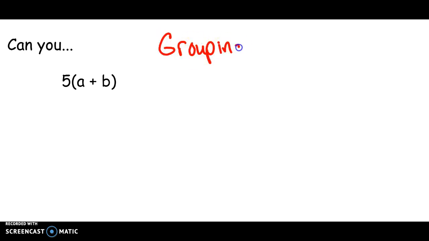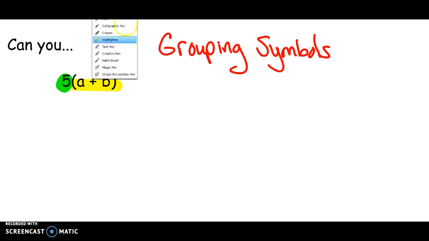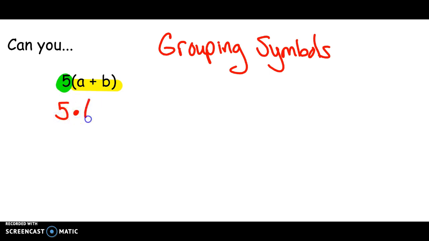And if you look, we actually have a set of grouping symbols here, which are parentheses. So our grouping symbols actually make this a product of two items. So this is not an addition or a subtraction. It's a product. So I have 5 times (a plus b).